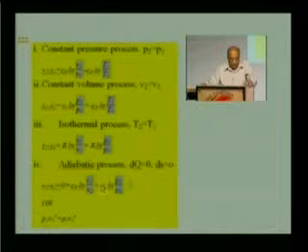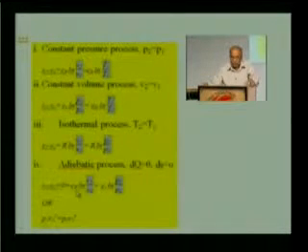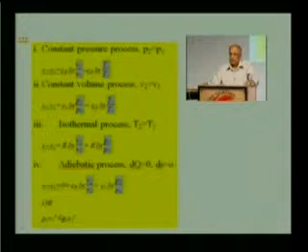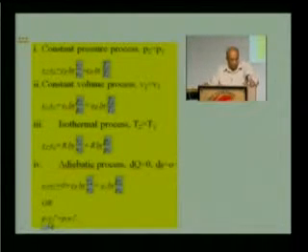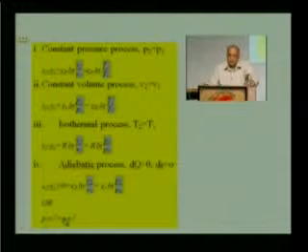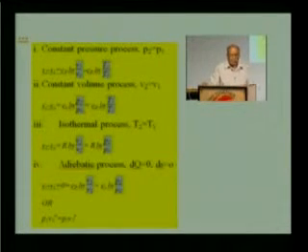For an adiabatic process dq is equal to 0 and dS is also equal to 0. So, we can write Cp log V2 by V1 plus Cv log P2 by P1 equal to 0, and from this expression, by mathematical calculations, we can get P1 V1 raised to power gamma is equal to P2 V2 raised to power gamma. This equation represents the adiabatic process for a perfect gas.